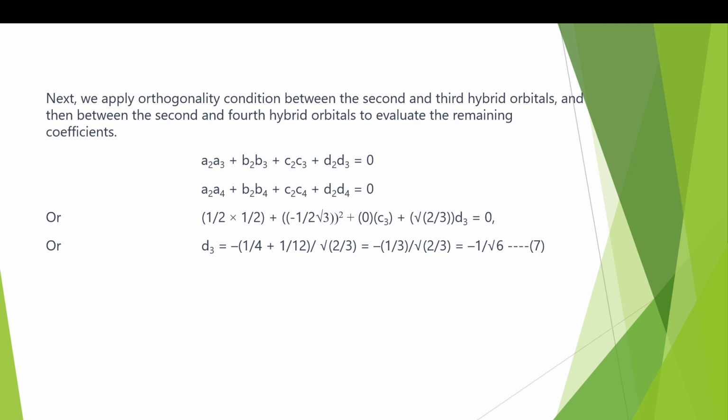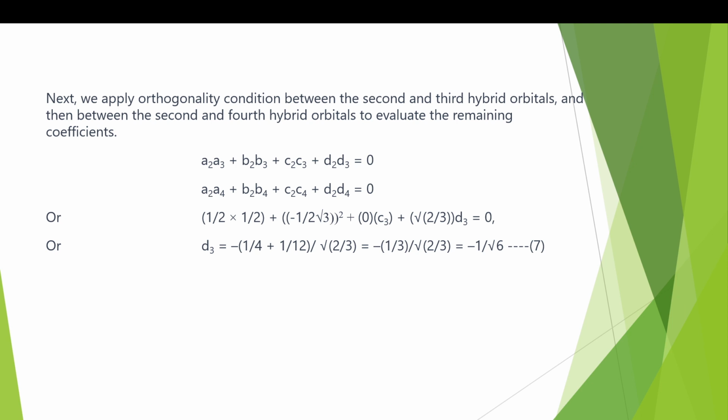Next we apply the orthogonality condition between phi sp3 2 and phi sp3 3 hybrid orbitals, and likewise between the second and fourth hybrid orbitals. So we can write a2 a3 plus b2 b3 plus c2 c3 plus d2 d3 equal to 0.